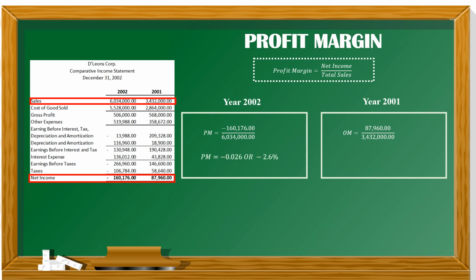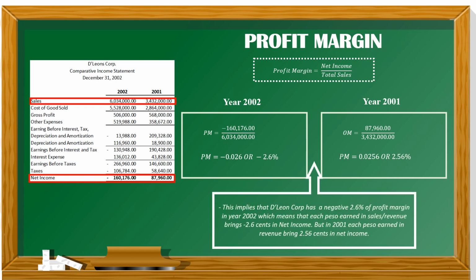So, the profit margin for year 2002 for De Leon Corp is negative 0.026 or negative 2.6%, while in 2001 it has a 2.56% profit margin. Now, this implies that De Leon Corp has a negative 2.6% profit margin in 2002, which means that each peso earned in sales or revenue brings negative 2.6 cents in net income.